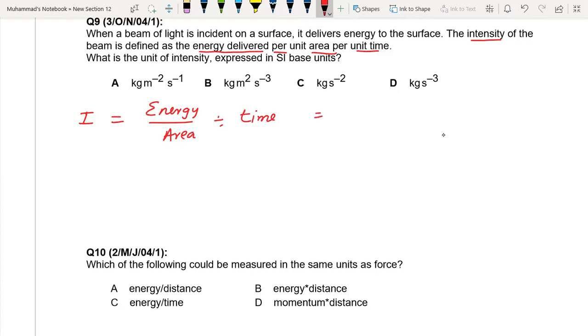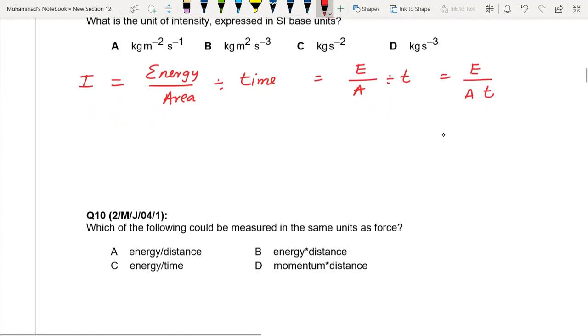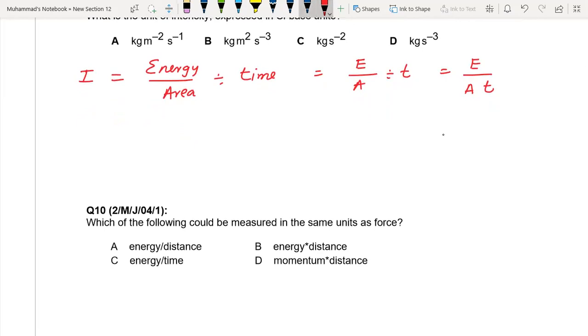So that is, let me use symbol E for energy, A for area divided by T, that will become energy over area, and this, if I convert this division into multiplication, that will be 1 by T, so T will be here. So this is the formula according to definition.